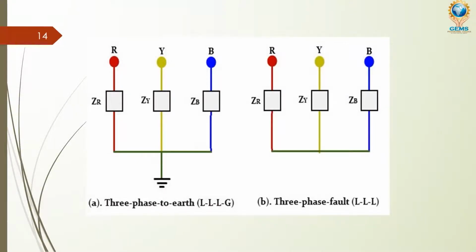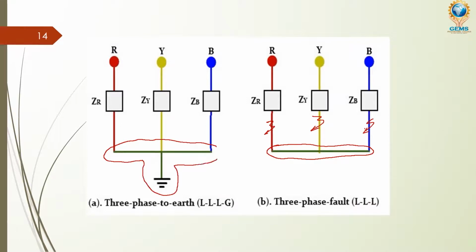Here we can see R, Y, B. The fault happened between them, a short circuit happened between R, Y, B. So we can say this is a symmetrical fault. Here the fault happened between R, Y, B and the line fell down on the ground. This is also a symmetrical fault.